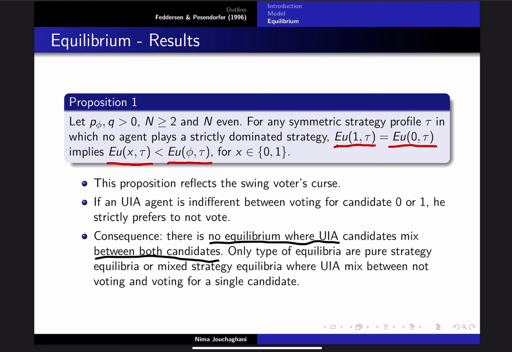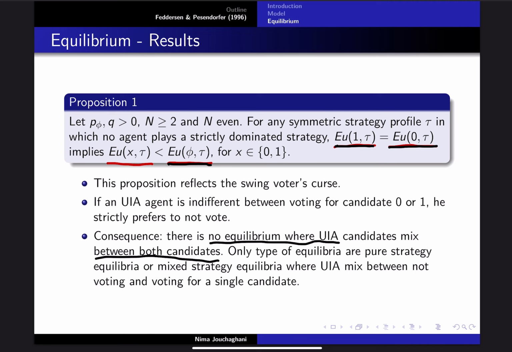But what you see here is that once you're indifferent between pure strategy 1 and pure strategy 0, a consequence is that the expected utility of not voting is strictly larger. Hence, you cannot be indifferent between all your pure strategies. The consequence is there is no equilibrium where you mix between both candidates.